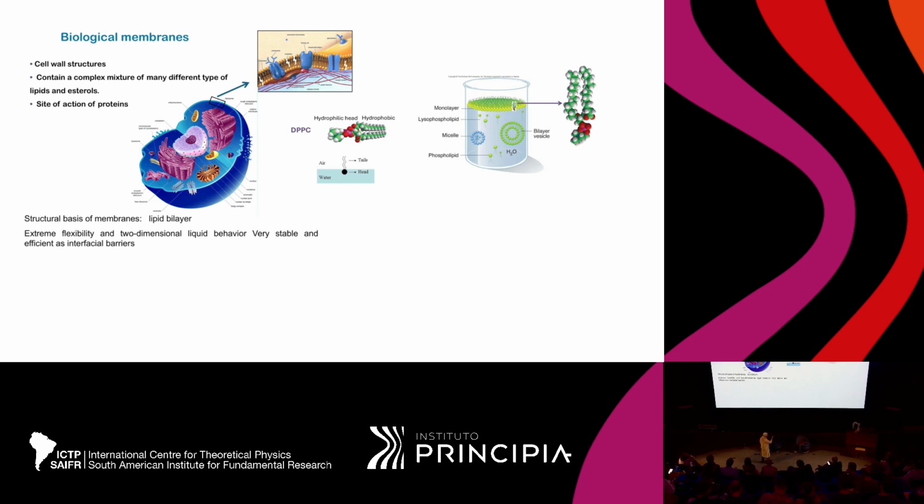For instance, if you take lipids in a controlled way, choose the lipids, and put them in a water phase, you will find different structures related to the shape of the lipids. In particular, the one I want to call attention to today is the liposomes.